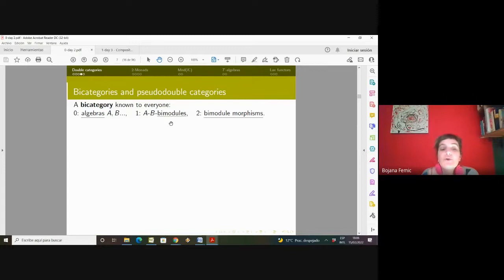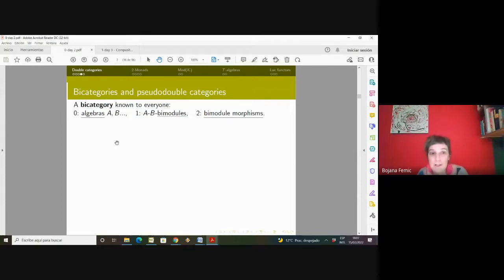But now you may see that when we consider this bicategory, we are omitting one important algebraic structure, and that is that of morphisms of algebras. We speak here about bimodules and bimodule maps, and we speak about algebras, but we didn't incorporate algebra morphisms. Well, this is what a pseudo-double category does.